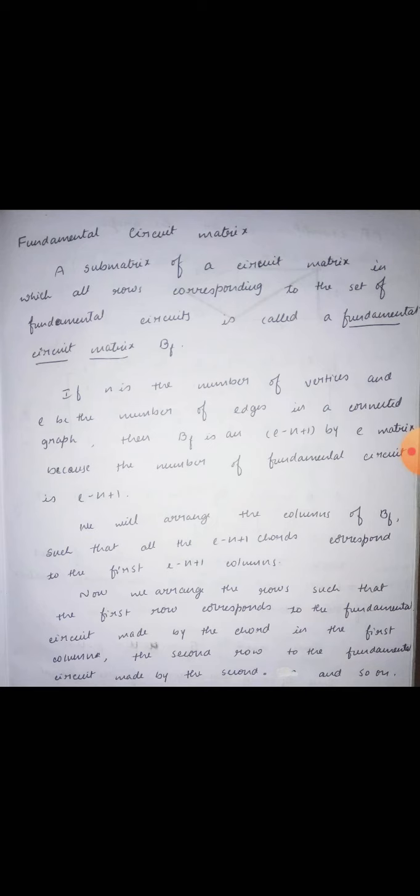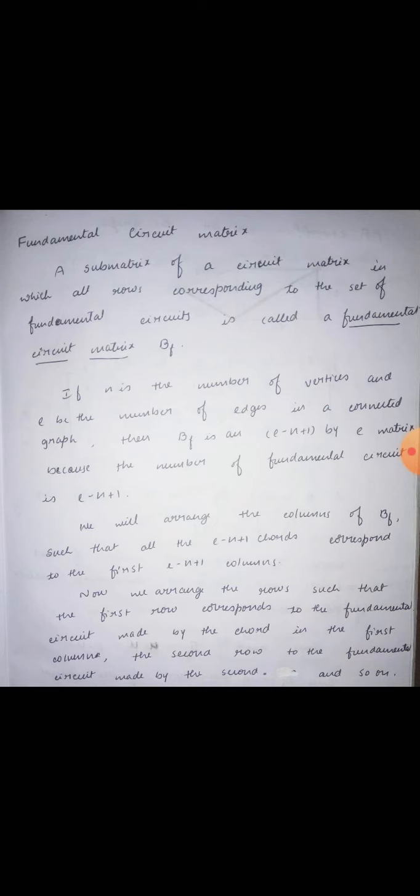After that, we have seen what is the circuit matrix. The circuit matrix is denoted by B or B of G. How are the entries represented? The entry Bij is 1 if the jth edge is present in the ith circuit. Each row in that matrix represents a circuit and each column represents an edge.